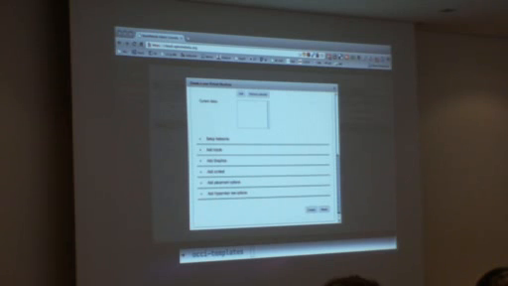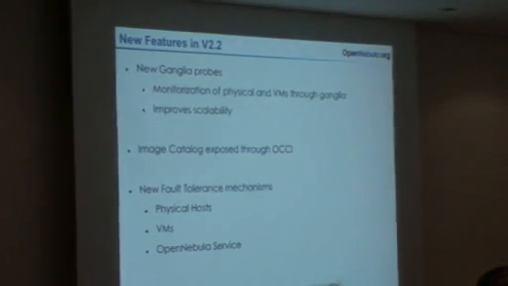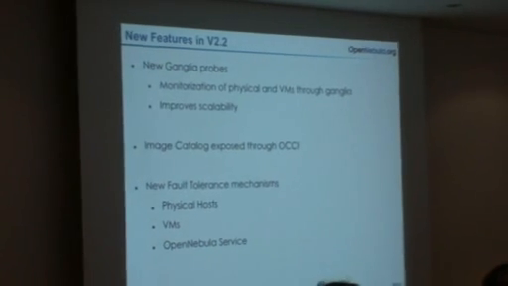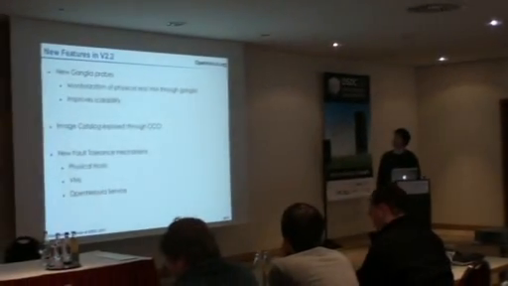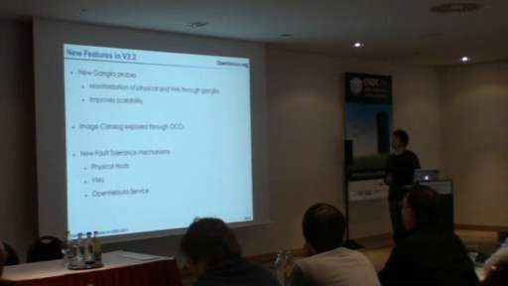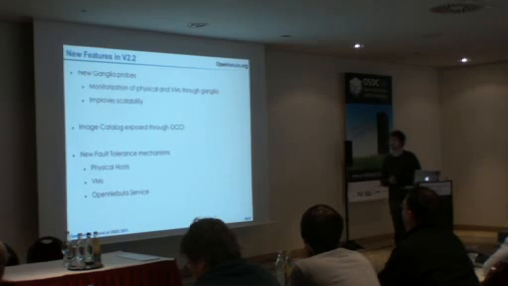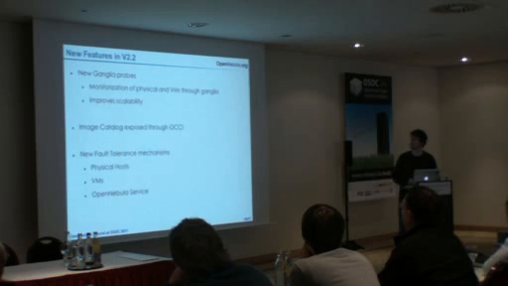Okay, so I'm out of time. Just to end, some other new features: the image catalog is now exposed through OCCI and EC2. There's a new Ganglia approach to monitor your infrastructure, which greatly improves the scalability of the OpenNebula solution.